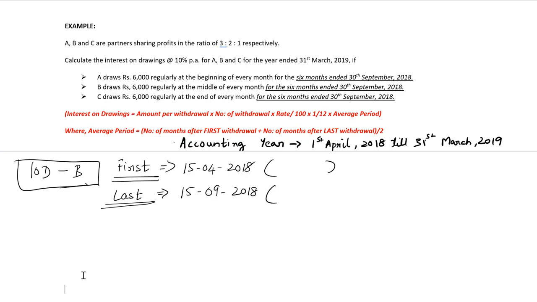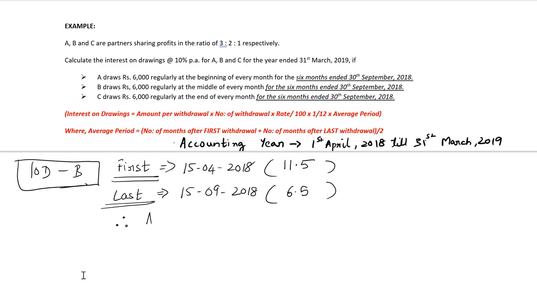Number of months from 15th April 2018 to 31st March 2019, 11.5. Number of months from 15th September 2018 to 31st March 2019, 6.5.